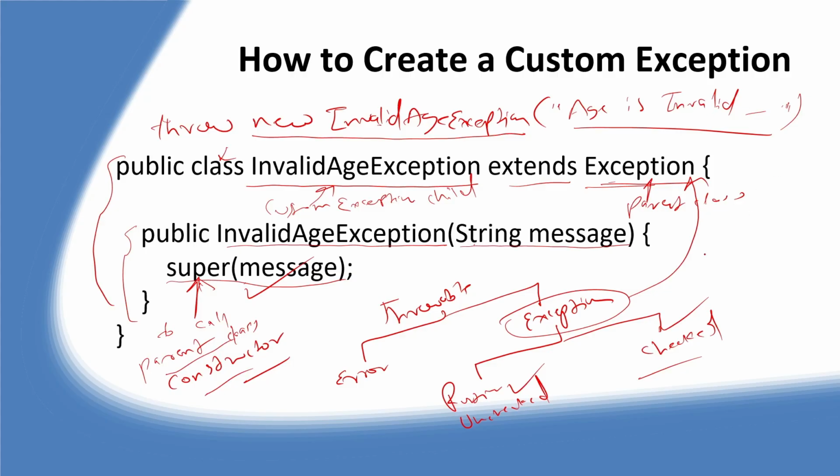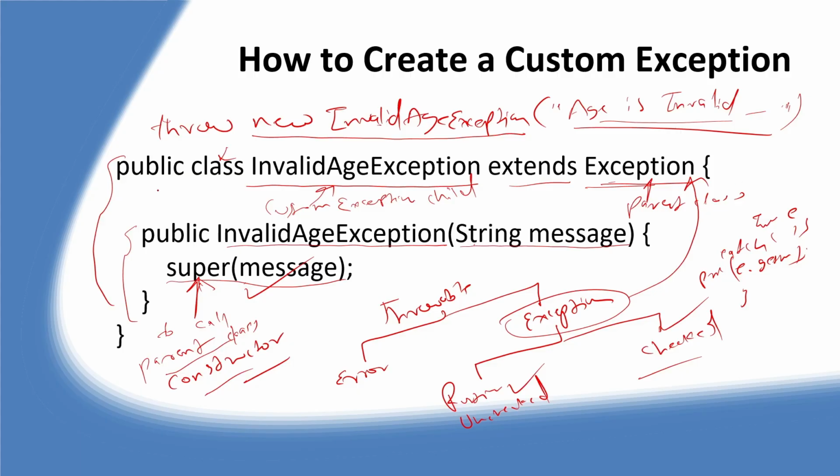So in the catch block, we write InvalidAgeException e, and when we write print e.getMessage, then "age is invalid" will get printed. So that is the whole flow.